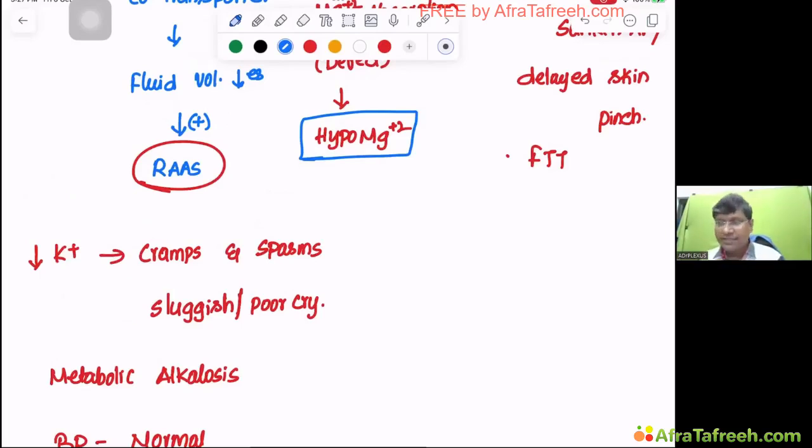Will there be any endocrine abnormality because of hypomagnesemia? Yes.